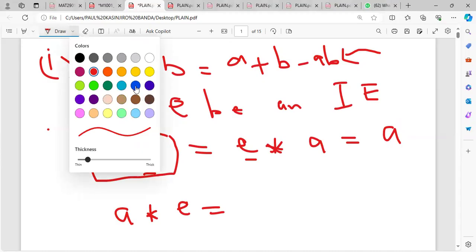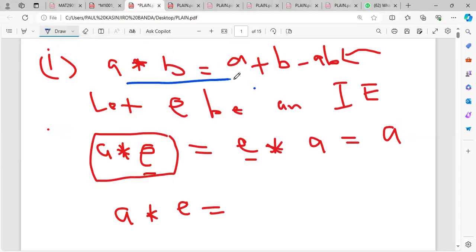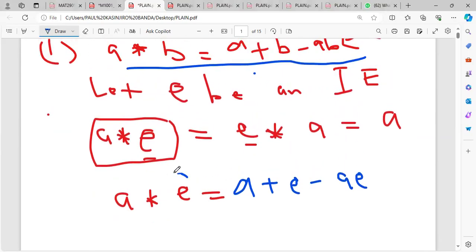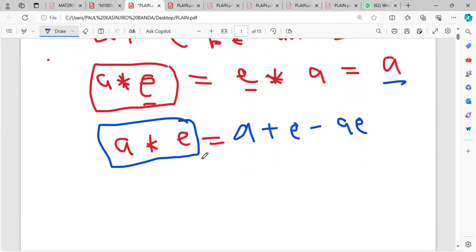Wherever there's B, we are putting E. So it's going to be A plus E minus A multiplied by E, like that. But we know that A star E here is equal to A, right? So where there's A star B, we just put A is equal to A plus E minus AE there.